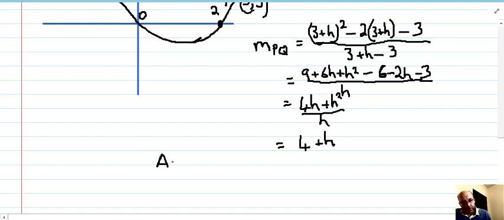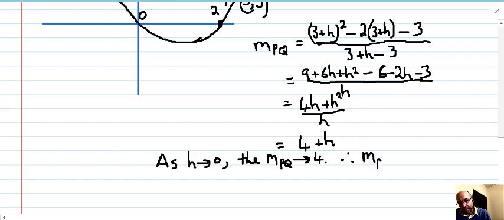So as h approaches 0, the gradient PQ approaches 4. Therefore, the gradient of PQ has a limit of 4.